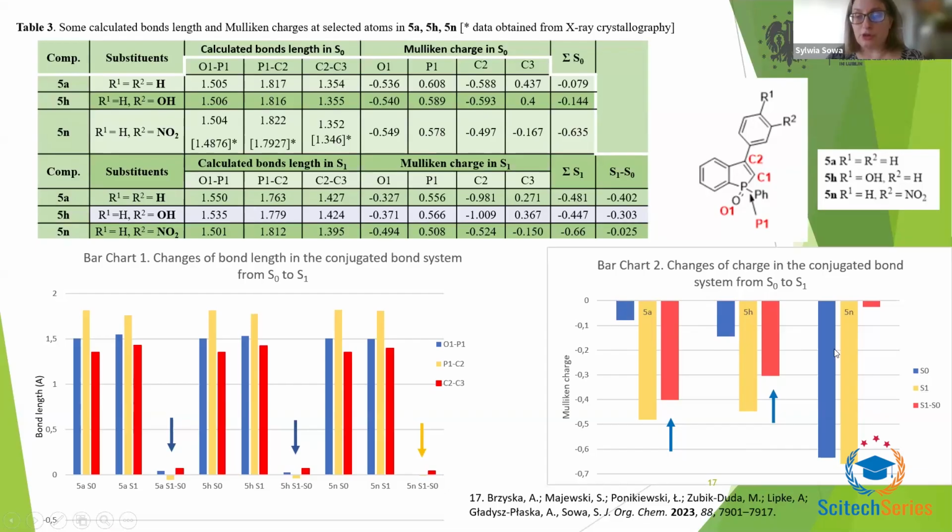In contrast, for 5N, which possesses the nitro substituent, the differences between both states are minimal. So from this point, we can see that the geometry is not the origin of the properties of 5N. In contrast, for 5A and 5H, the conjugation is the origin of their properties, and the geometry is quite affected in their cases.